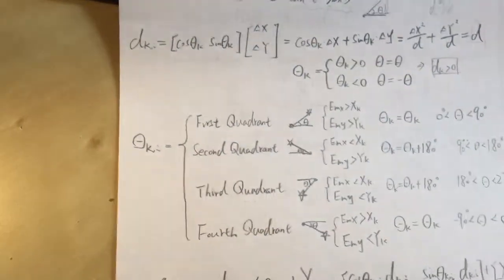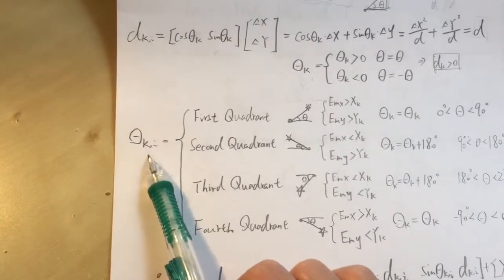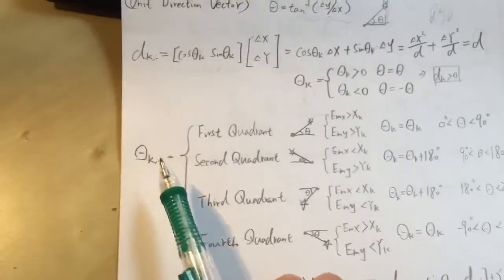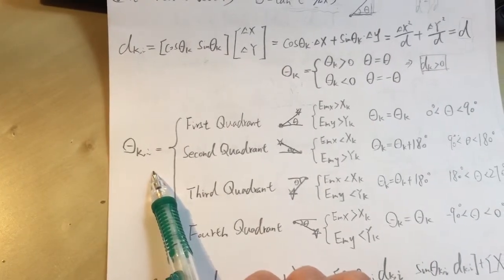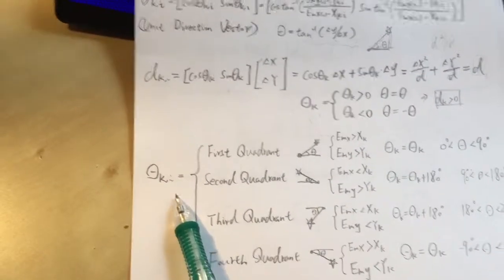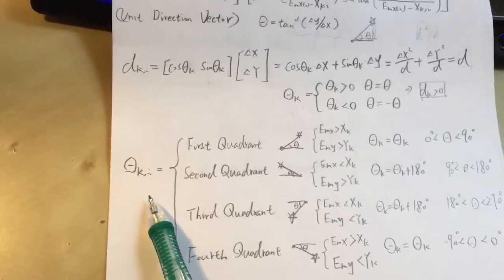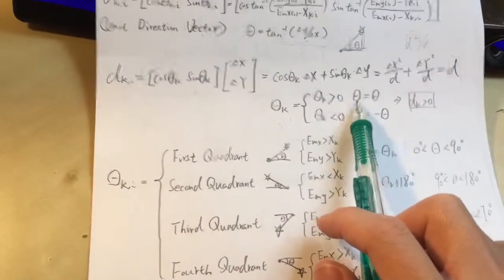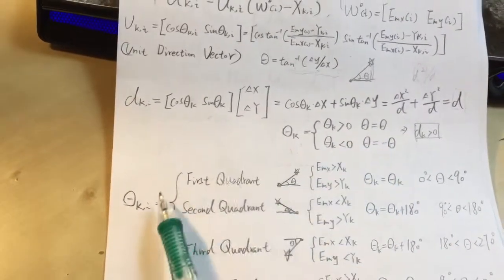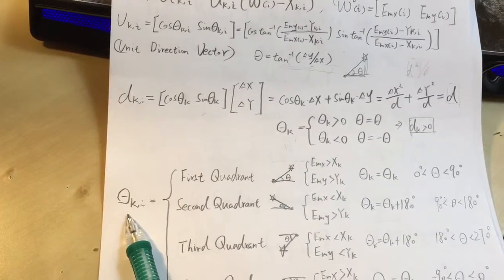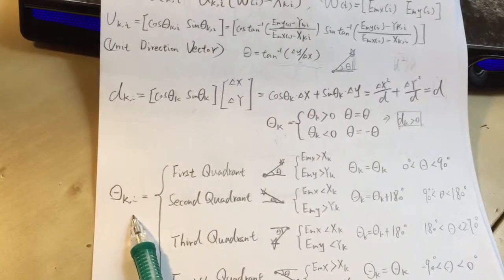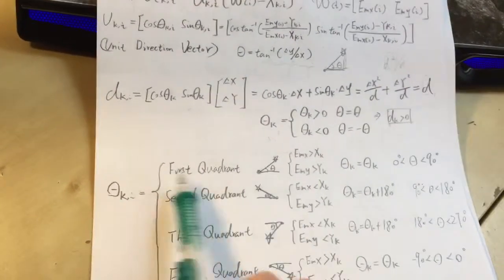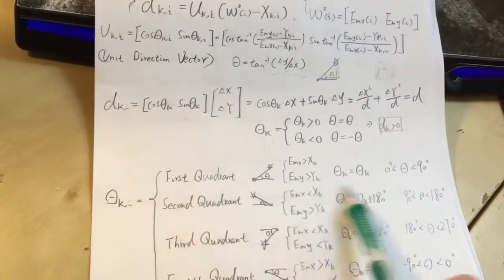However, if we want to be concerned about the angle, the angle has to be correct, but for the distance we only need the absolute value. For the angle, it might be negative or positive, but let me explain more.